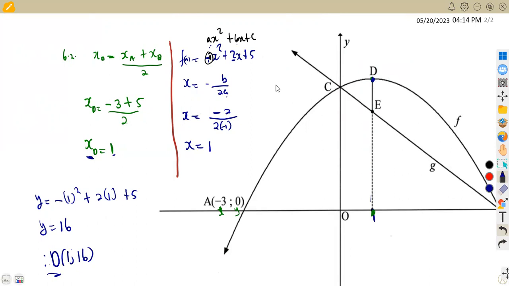So using that information that I was talking about, we have the x value at point D, which is 1, meaning to say from the point D throughout, because we are given that this is a vertical line, throughout the line from D to E up to the x-axis, our x is equal to 1.